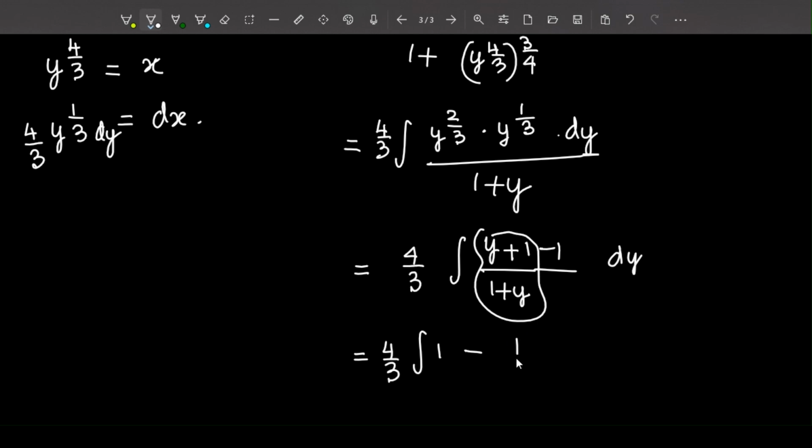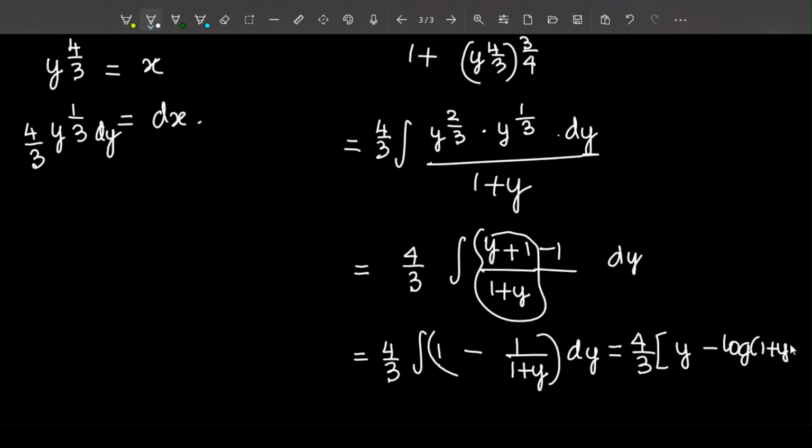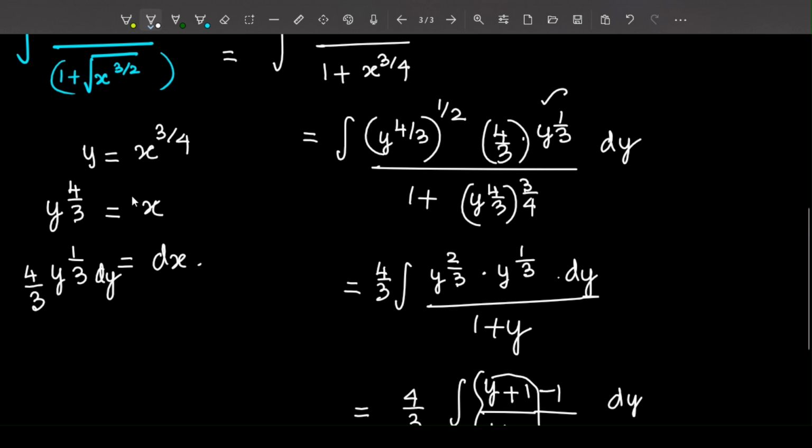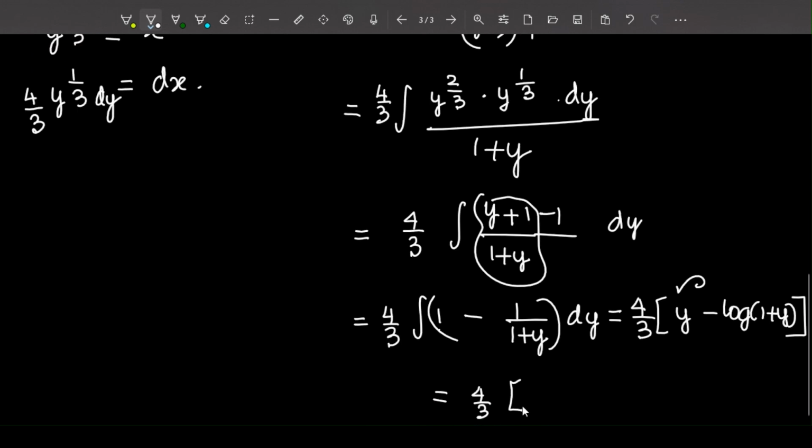This is equal to 4 by 3 integration of 1 with respect to dy, which becomes 4 by 3 into y minus log of 1 plus y. So I'm going to replace y in terms of x again. So y is equal to x power 3 by 4. So 4 by 3 into x power 3 by 4 minus log of 1 plus x power 3 by 4. That's the final answer.